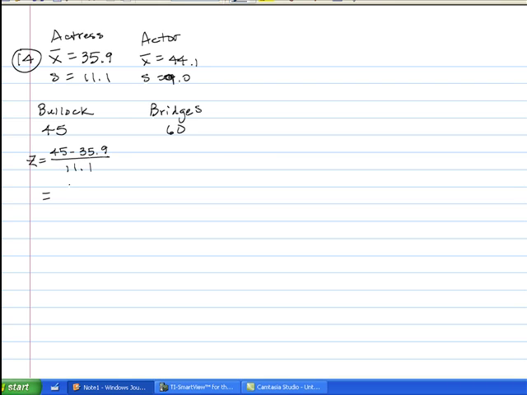Okay, for Jeff Bridges, I'm going to take 60 minus 44.1 and divide it by 9. 60 minus 44.1 is 15.9, divided by 9 is 1.77.